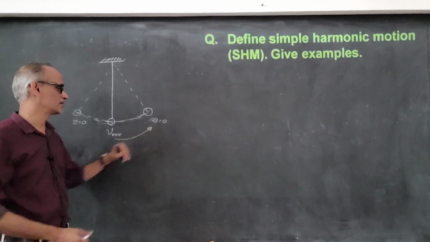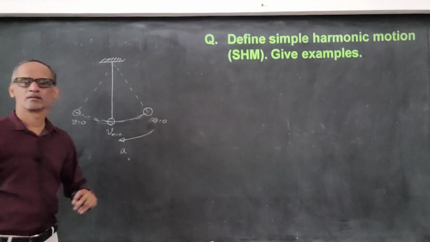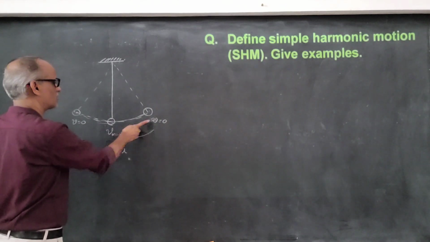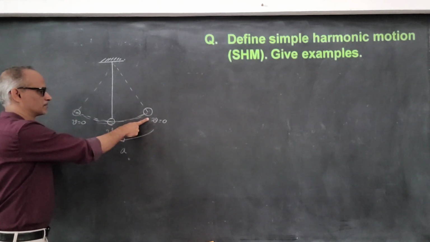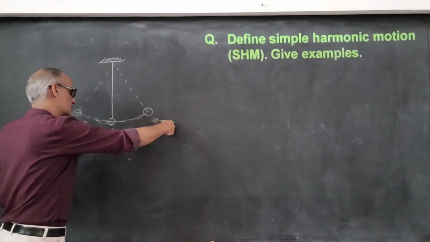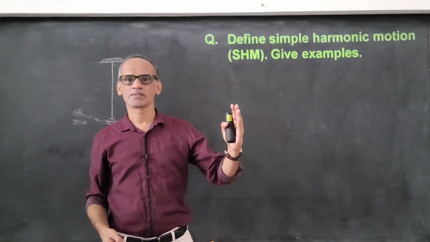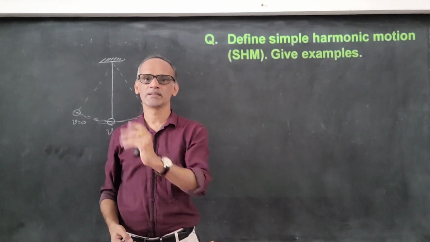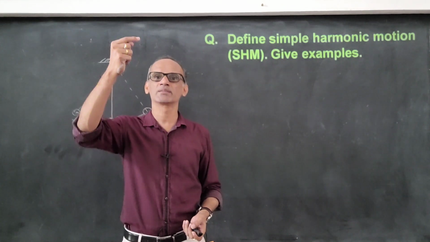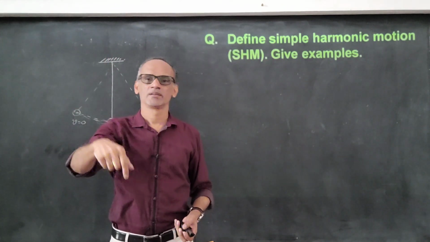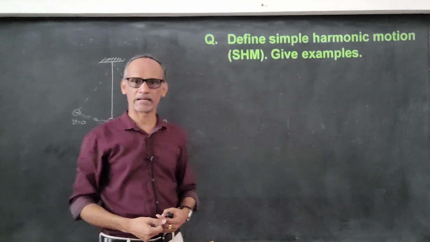Since the velocity is decreasing, the acceleration is always opposite to the motion of the body. See, the body moves from the mean position to the extreme position, whereas the acceleration is from the extreme toward the mean position. Why is it in the opposite direction? Because the velocity of the body decreases as it moves away. So we know that when a body is thrown upward like this, velocity decreases. Therefore, the direction of the acceleration is always downward towards the center of the earth, and we call that acceleration due to gravity.